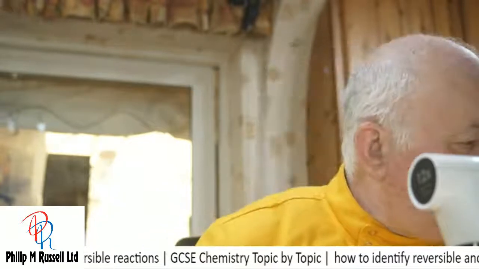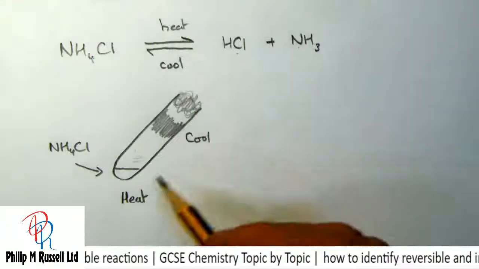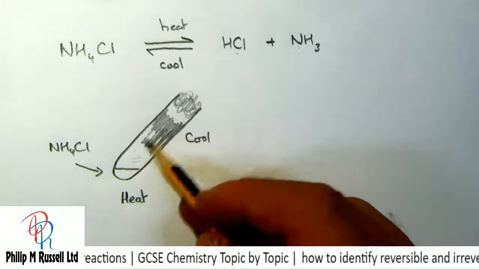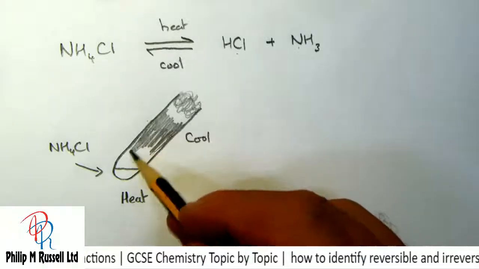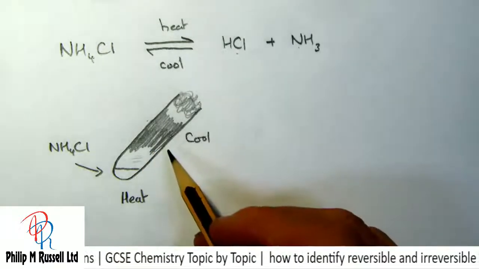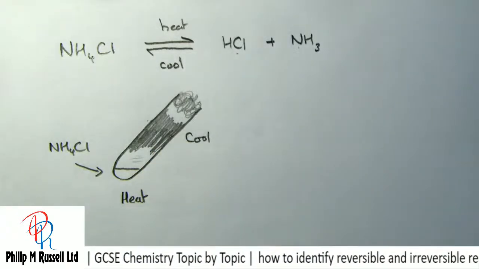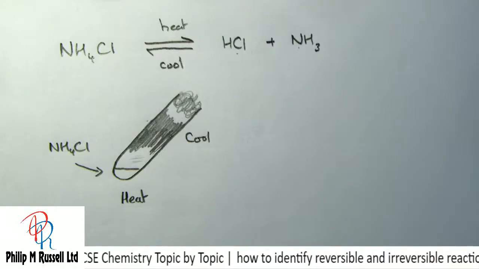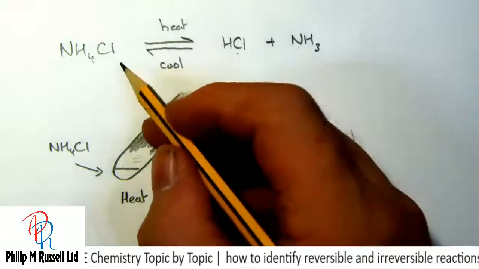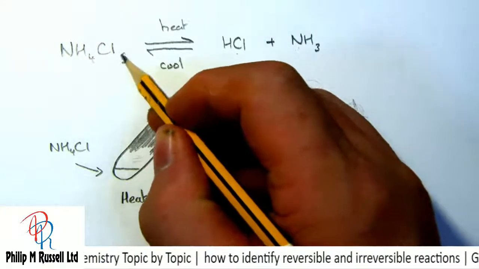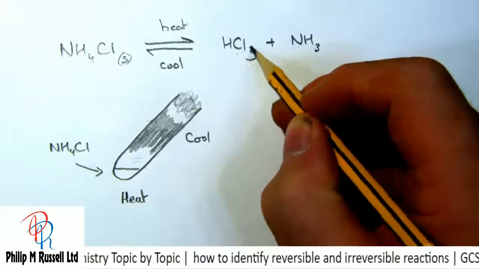So in our previous experiment we got that to work. We saw the ammonium chloride forming on the side of the test tube. So we have some sort of reversible reaction, and if I put some state signs in here we can see that that was a solid and these are gases.